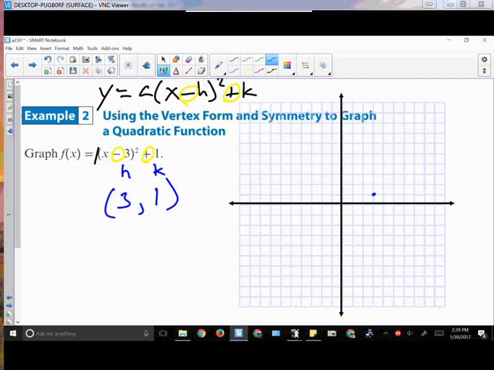From what we have done before, we should know that 1 here is what? Is 1 going to help us out with anything? Hoping you're saying no, because it doesn't help us out with anything.